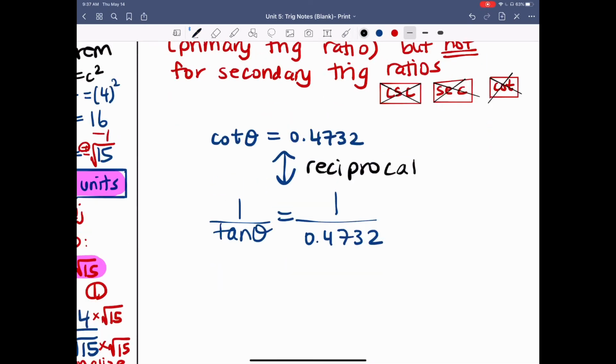Cotangent theta is equal to 1 divided by tan theta, and therefore whatever cotangent theta was, you take the reciprocal of it.